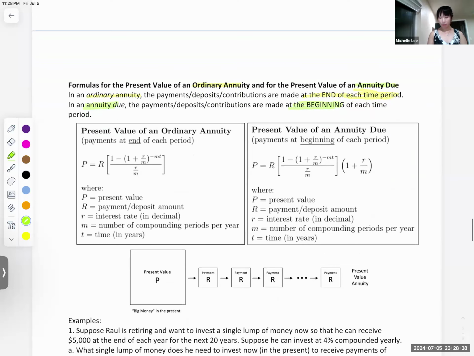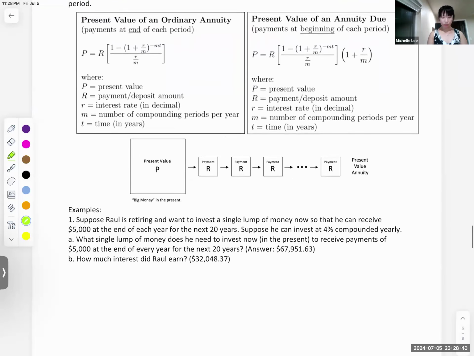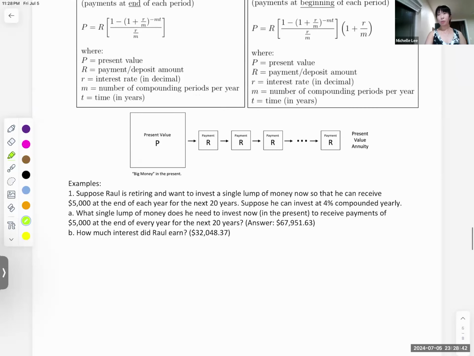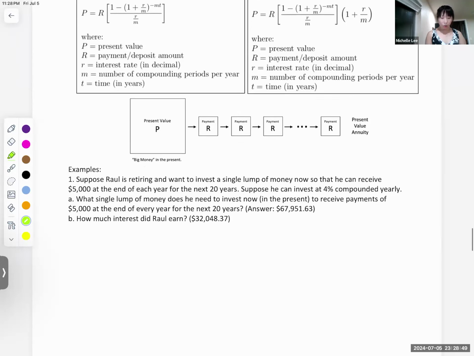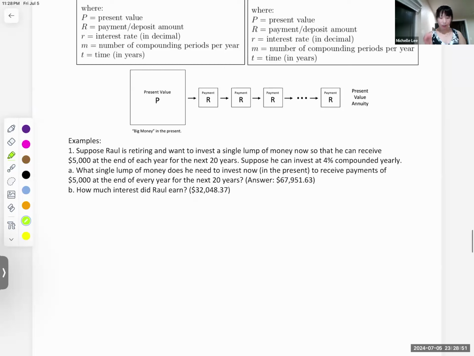Okay, let's do. Oh, not the same one. Okay. So suppose Raul is retiring and wants to invest a single lump of money. So lump money means the big money.